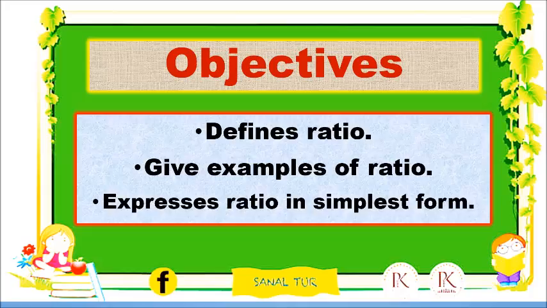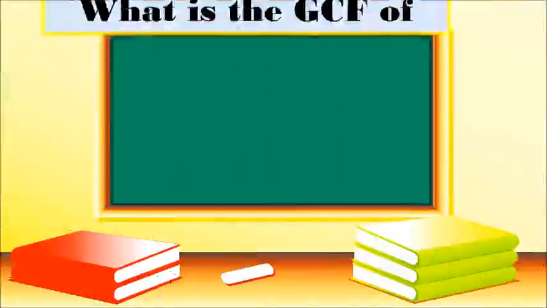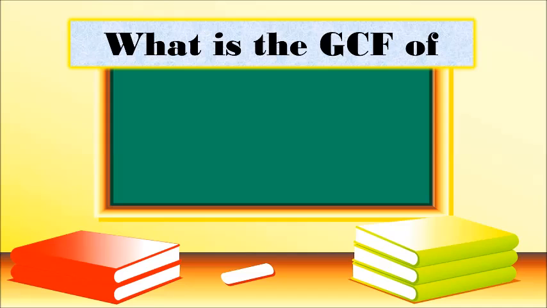To start with, we need to review first. We have the word GCF. What is the GCF of a given number? When we say GCF, we are referring to the greatest common factor of a given number.